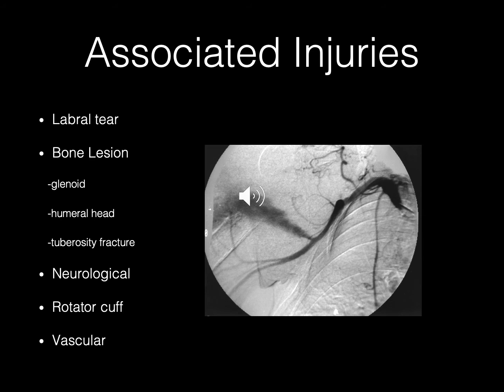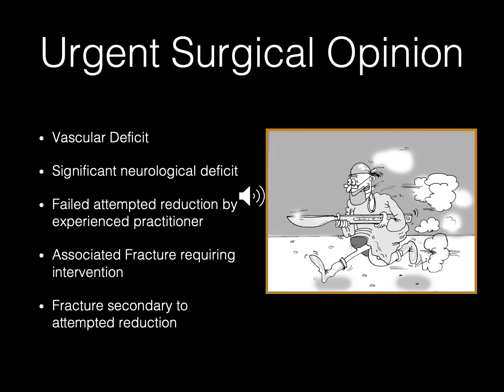And in patients who have this with associated neurological injuries, you need to be aware that they may have either lacerated a vein or an artery which has been tamponaded, and when you reduce the head, you may face torrential bleeding.